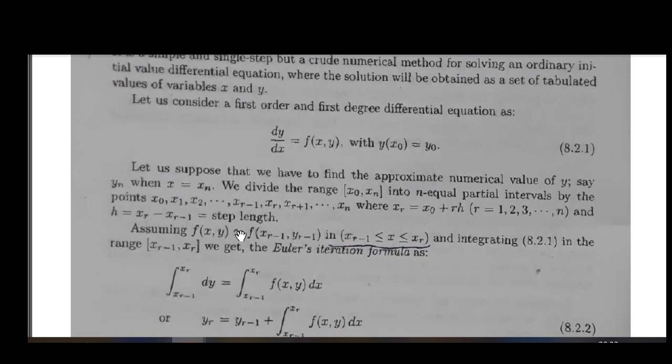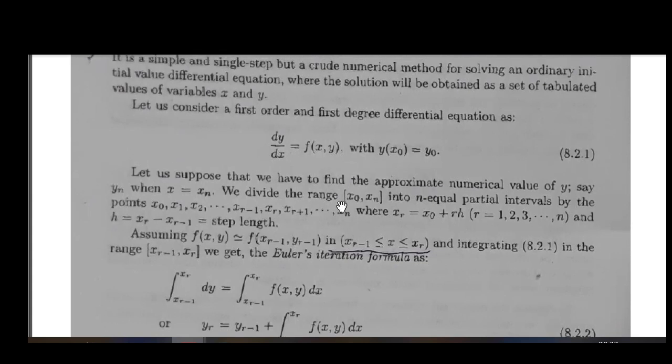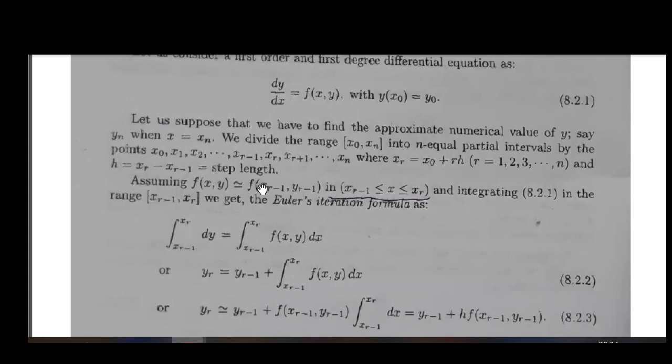Okay, so as soon as we assume this, you see this solution, which might be very difficult if we follow the analytical methods, becomes very easy. How? Just see here, as we take this small interval, let us integrate dy over this small interval.